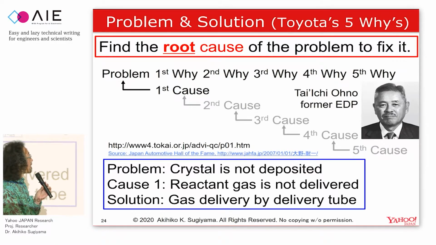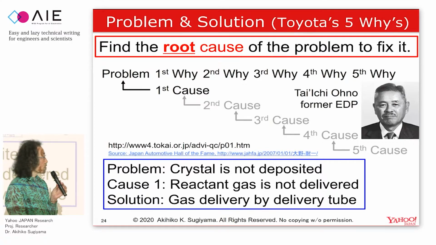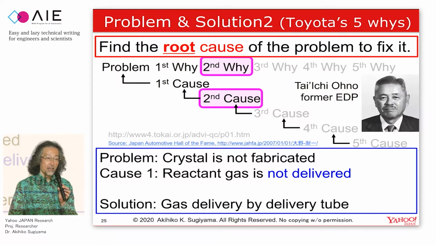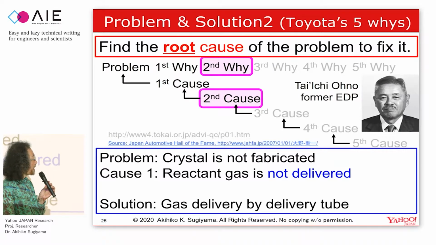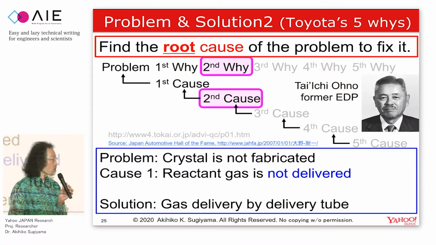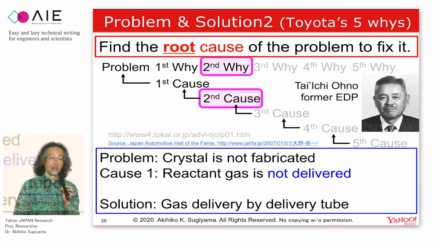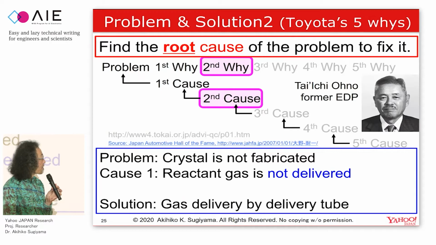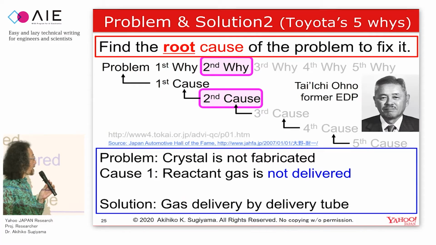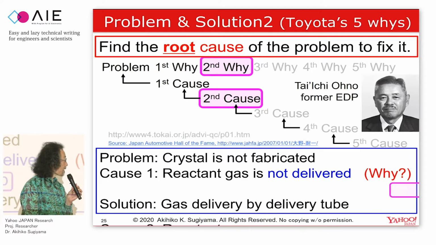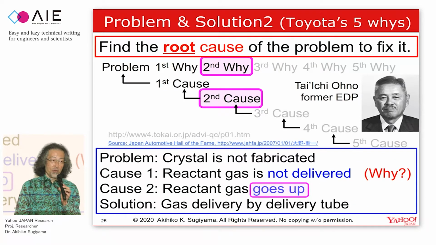Now, he said, find the root cause, not simply a cause, so that it's a motivation for people to ask yourself, again, why it happens. Why this happens, the cause one. Why is the reactant gas not delivered? That is the target of second why, and the second cause identified by Professor Nakamura.